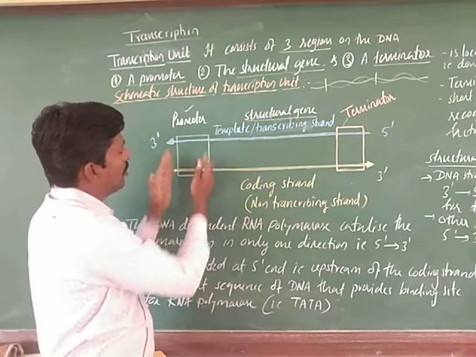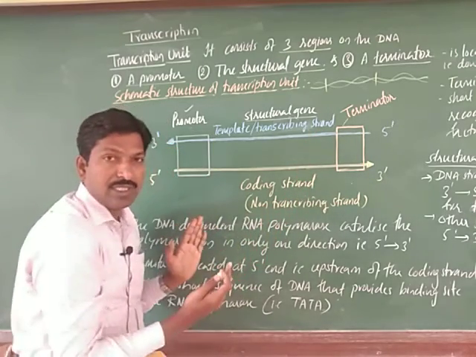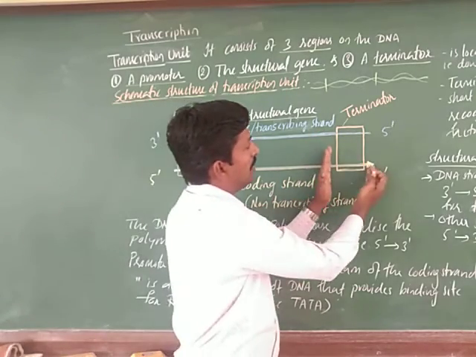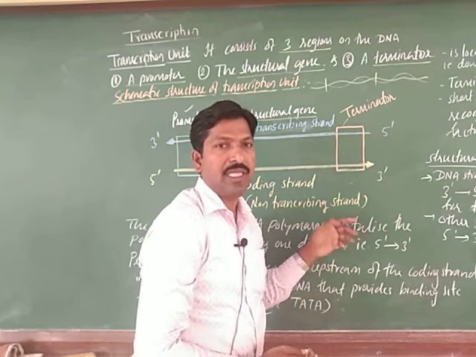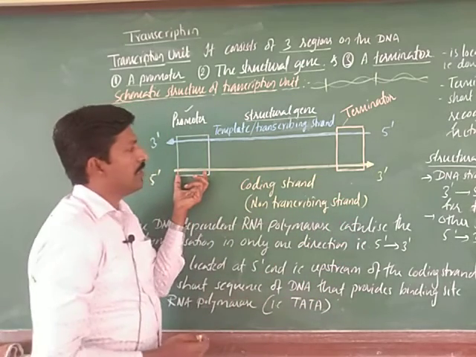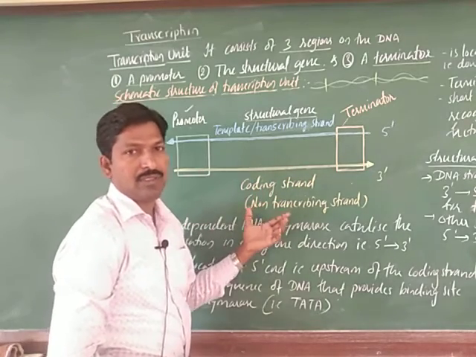So, this is the promoter region, next this much is the structural gene, and the end part is called the terminator, which contains some DNA sequence. This also has a DNA sequence, and this has a few more DNA sequences.